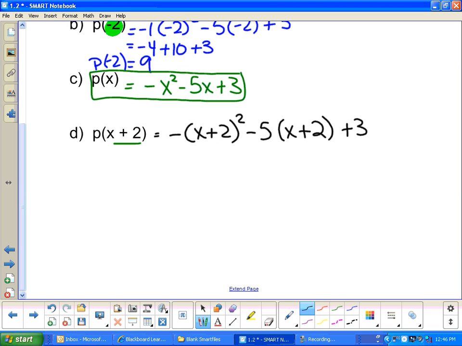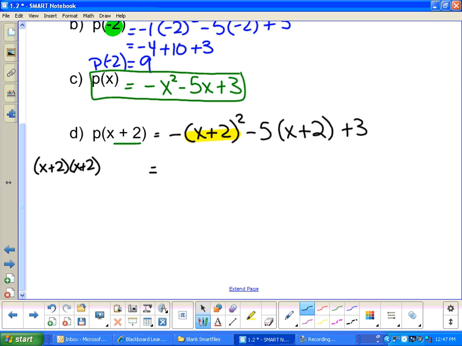Now remember, when I have a binomial squared like that, it's not a distributive property. A binomial squared means (x plus 2) times (x plus 2).